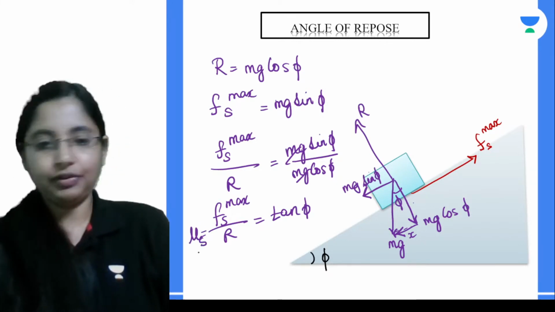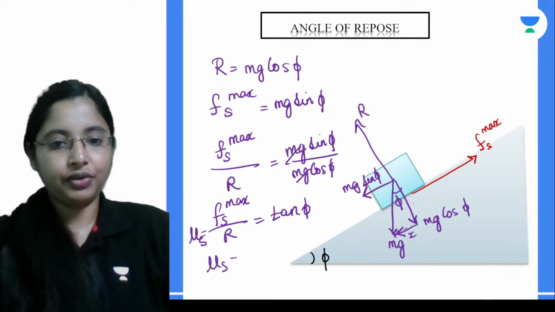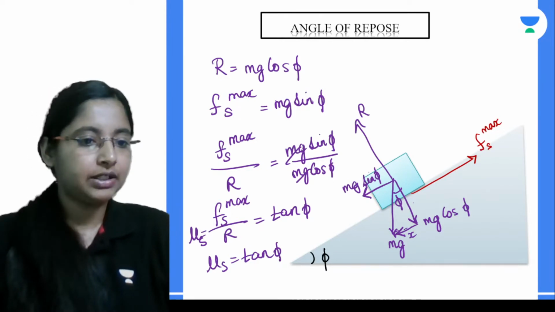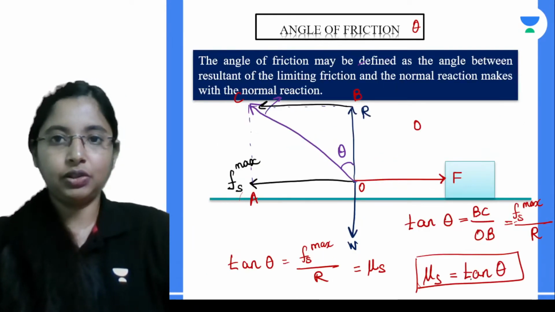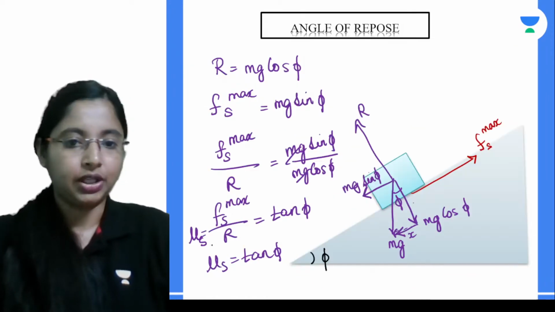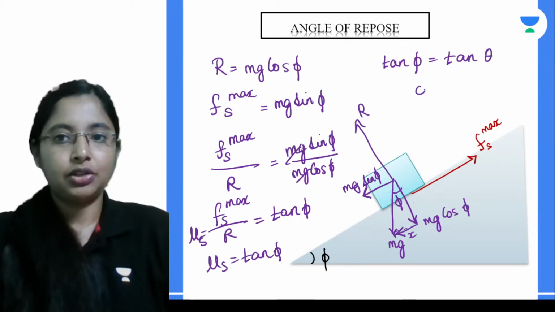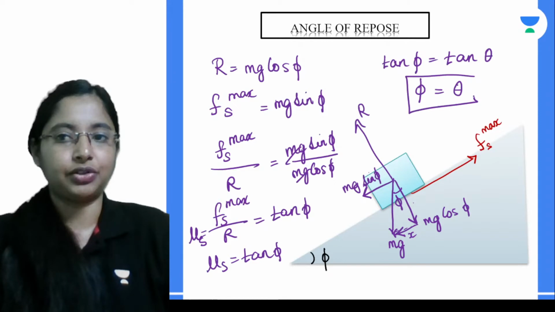So the coefficient of static friction is equal to tan phi, but we already saw that this value is equal to the tan of the angle of friction. So tan of the angle of repose is equal to tan of the angle of friction. So the angle of repose is equal to the angle of friction.